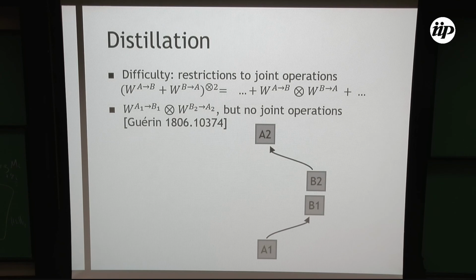These results are very well known, and there are actually theorems showing how impossible it is, in a paper that was just recently on arXiv. But we can do this here because the only thing that we do jointly is act on the control qubits.